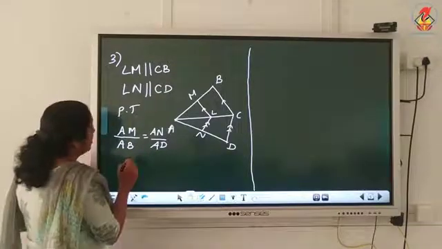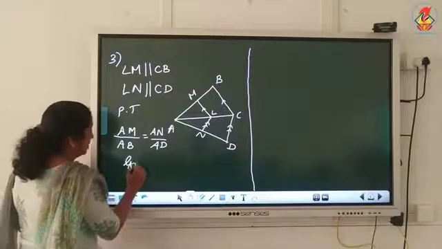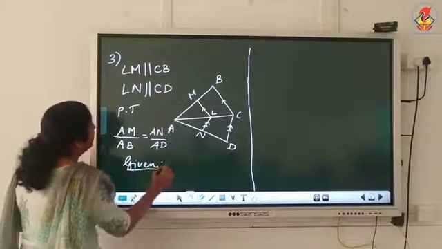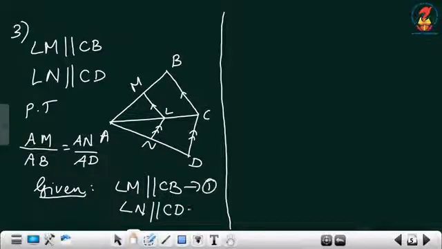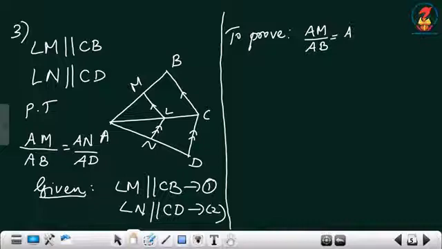So what is given here is LM parallel to CB and LN parallel to CD. Make them equation 1 and 2 respectively. And to prove AM by AB is equal to AN by AD.